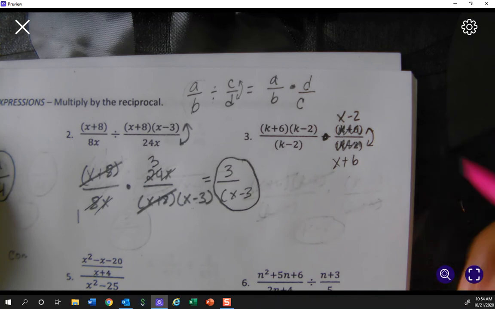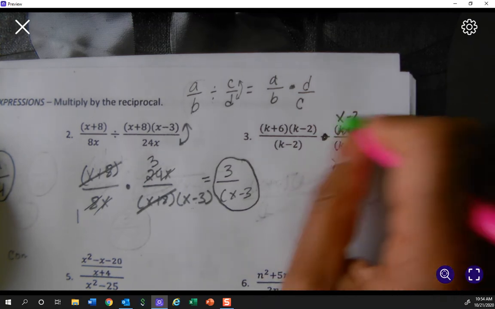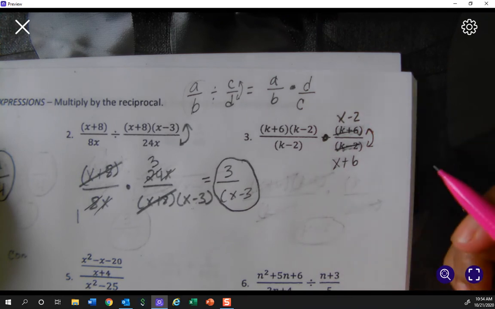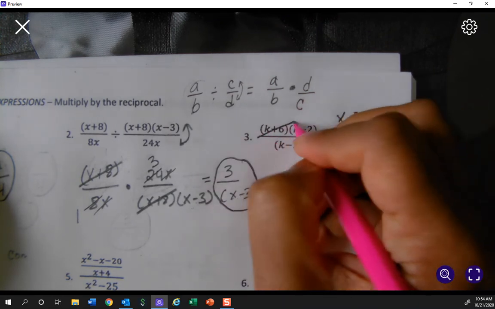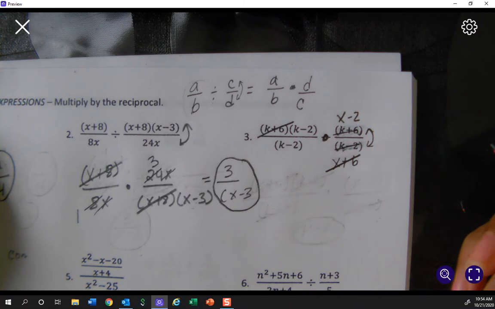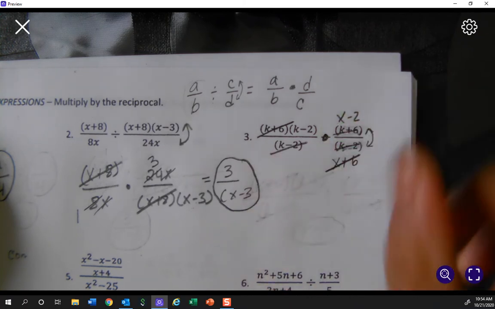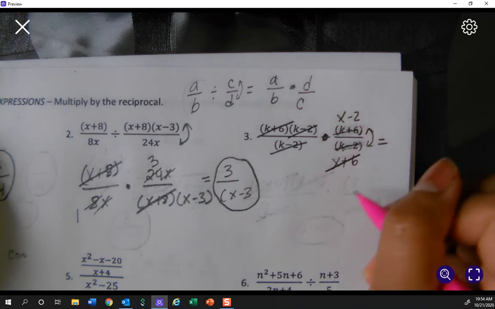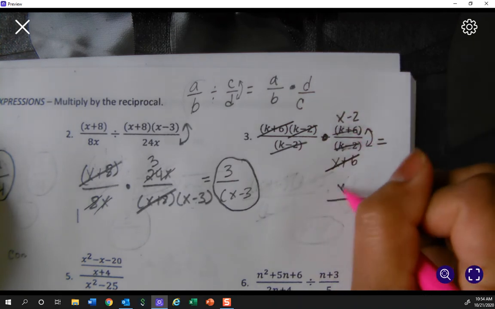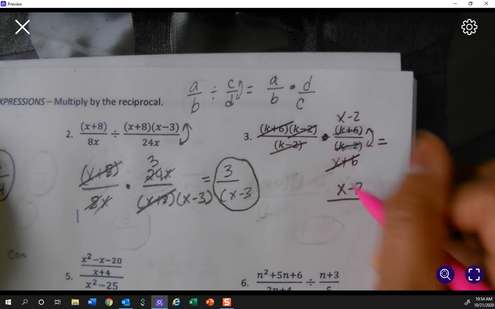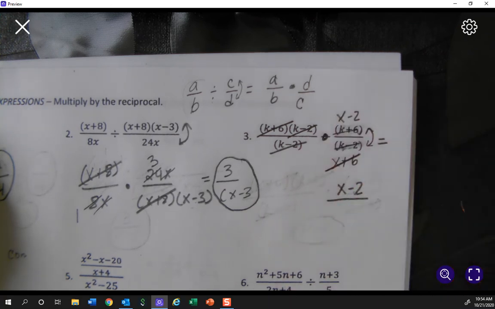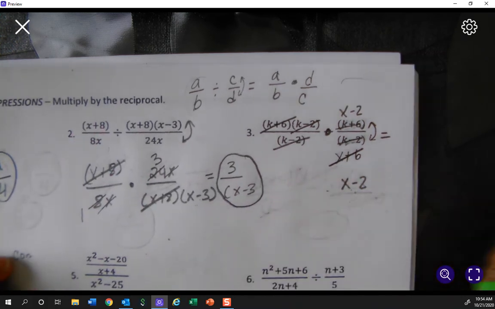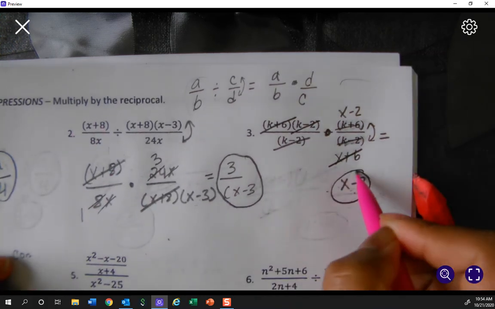Now that I have it like this, I rewrote it by flipping them. Now I can go ahead and cancel these two out, and these two out, and then what do I have left? I just have x minus 2 in my numerator and nothing in the denominator, which means I don't really need this fraction bar. So all of this equals that.